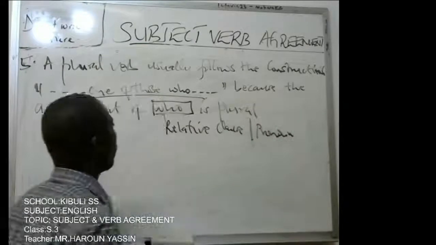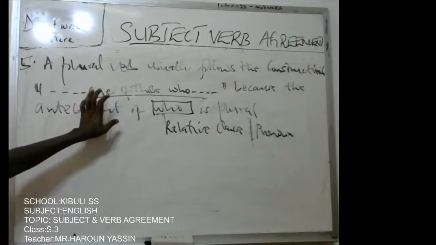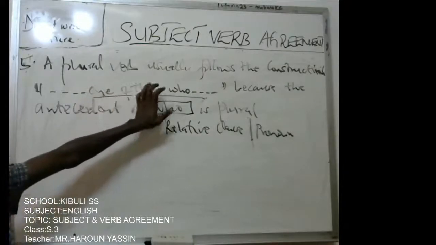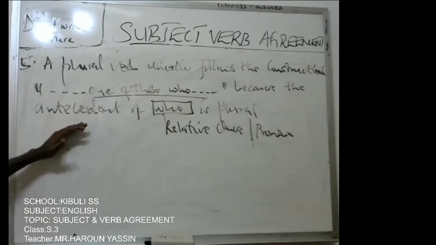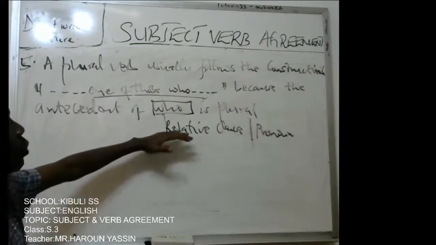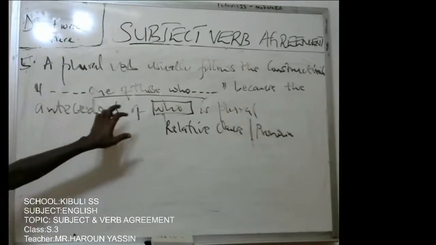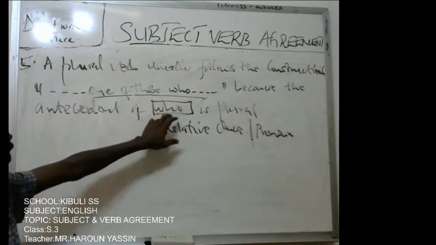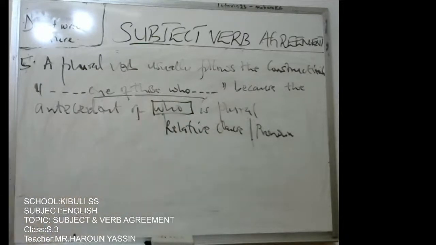So the moment you see "who" in the construction "one of those who," you know that the verb has got to be in plural. Reason: the antecedent of "who" is usually plural. That's what we have written here.